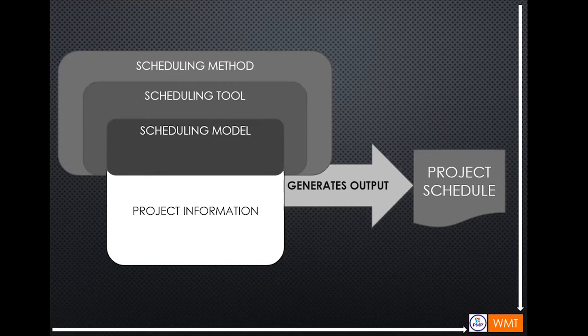The scheduling model is like Microsoft Project or any scheduling software, where you have to choose which model, like the bar chart or burn down chart. With all the combinations of these four items, the scheduling method, scheduling tool, scheduling model, and the project information, it will generate the project schedule.